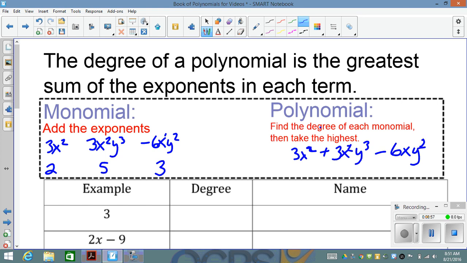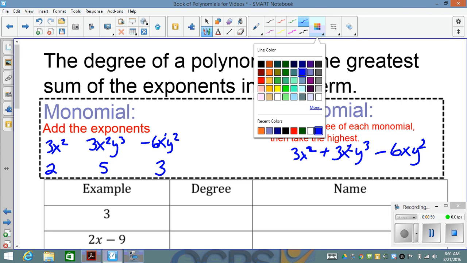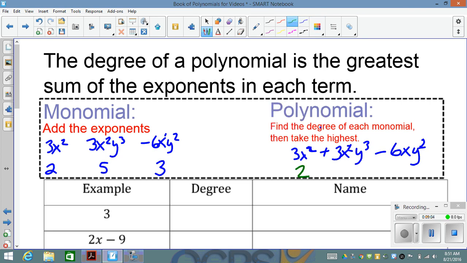I take each individual one. So this has a degree of 2, this has a degree of 5, this has a degree of 3. My highest is 5, so this one has a degree of 5.